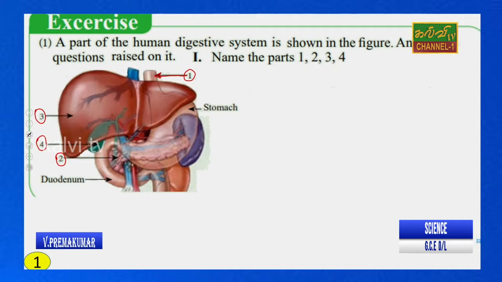Especially there's a dark brown color organ. I will make the border of that. See, this is the big organ, the big gland in our body, that is liver.